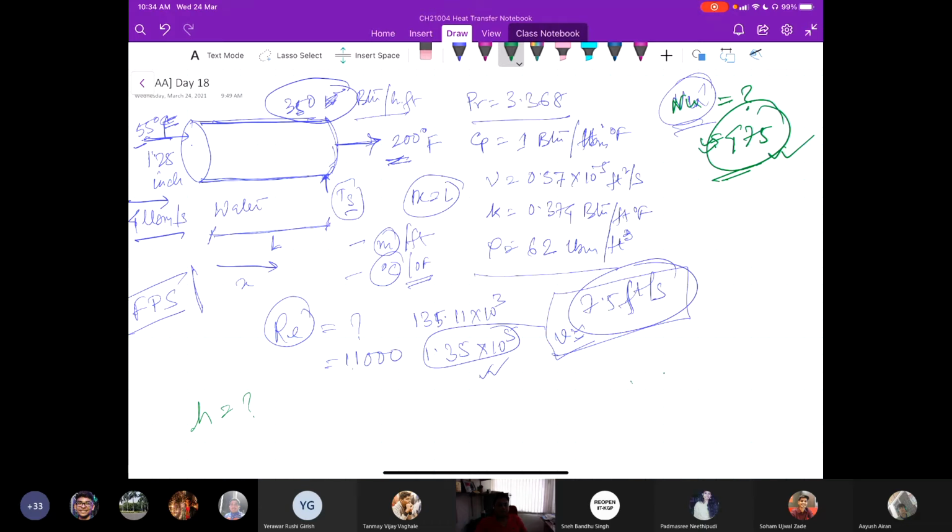And then the value of h. It is 1666.53 BTU per feet square degree Fahrenheit.